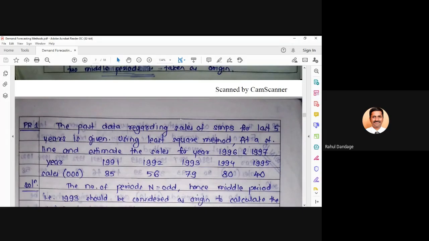The years given are 1991, 1992, 1993, 1994, 1995, and sales in thousands are 35, 56, 79, 80, 40.